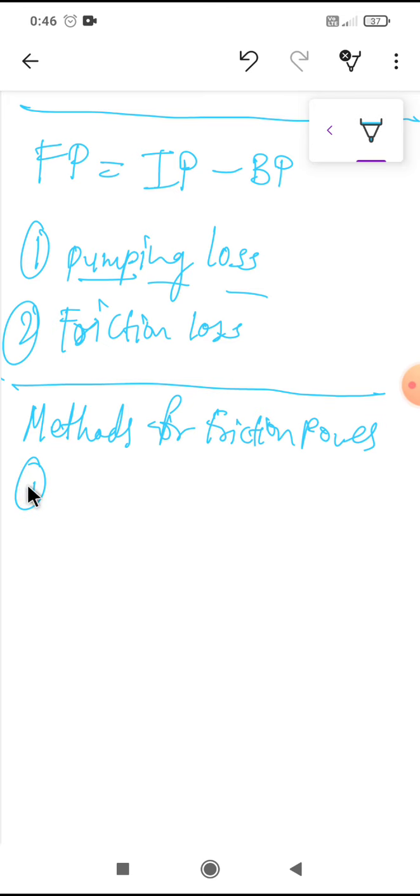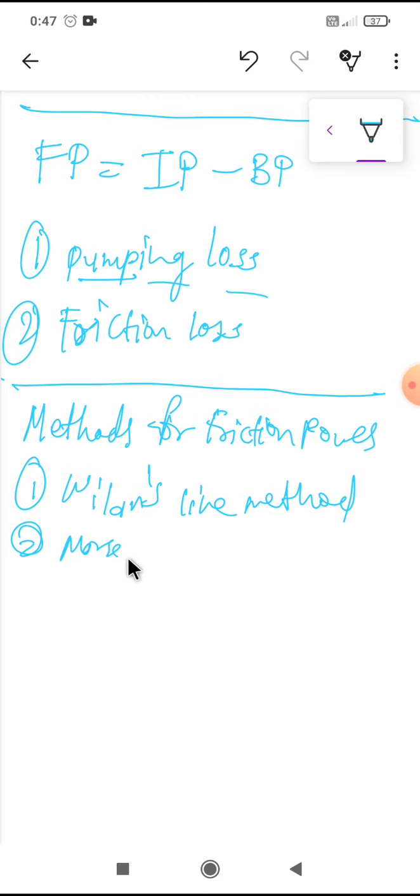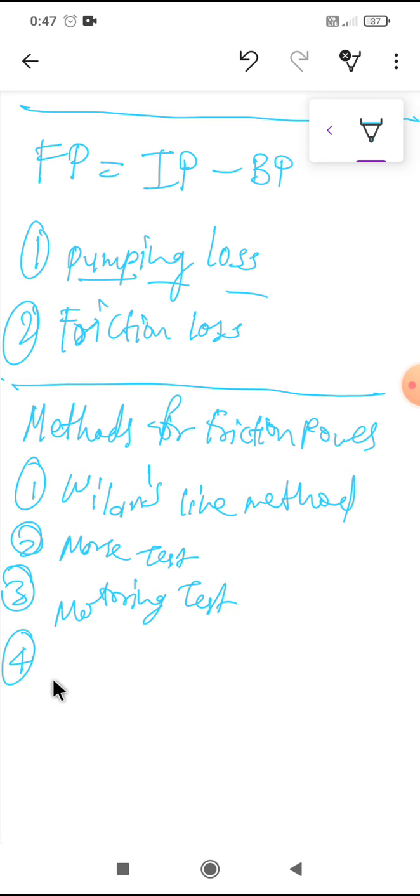First is Williams line method. The second is Morse test. The third is motoring test. And the fourth is the measurement of indicated power and brake power.